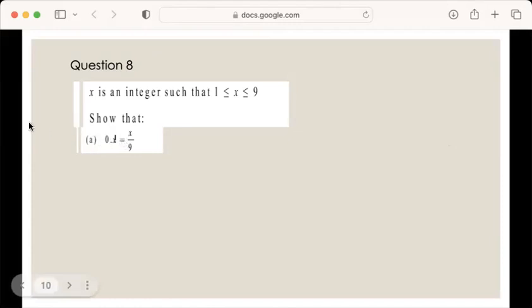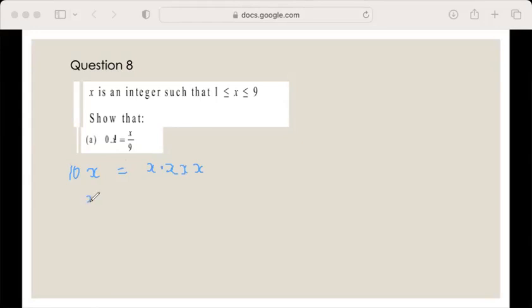Now here, if you see, the number of recurring decimal digits is 1. So you must multiply by 10. So first you take 10x. What's 10x? If 1x is equal to 0.x, then 10x will be equal to x point x recurring.